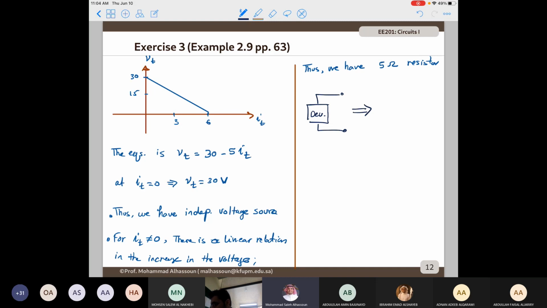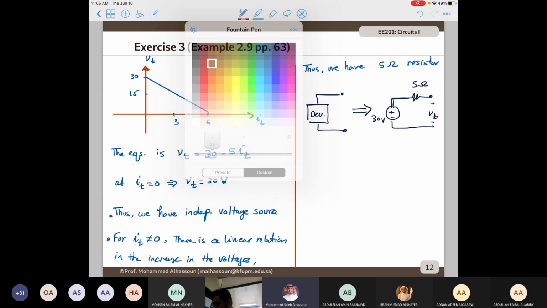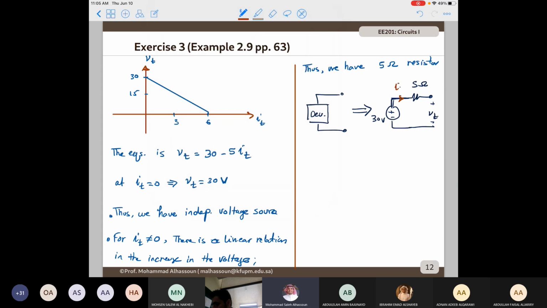And this is equivalent, remember again, not exactly the same, to 30 volts in series with the 5 ohm resistor. And this is VT. This one is IT.